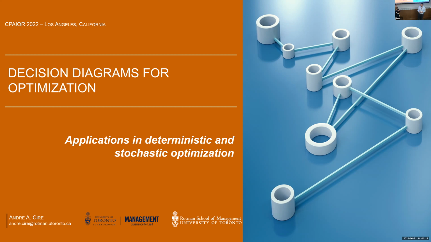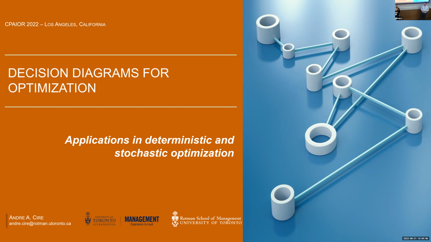My great pleasure today to be introducing Professor Andre Cire. Andre is an associate professor of operations management and analytics at the University of Toronto. His research revolves both around methodology and applications. On the methodological side, he works mostly on research problems in mathematical programming and dynamic programming. On the application side, his interests revolve around scheduling, healthcare, and inventory management.